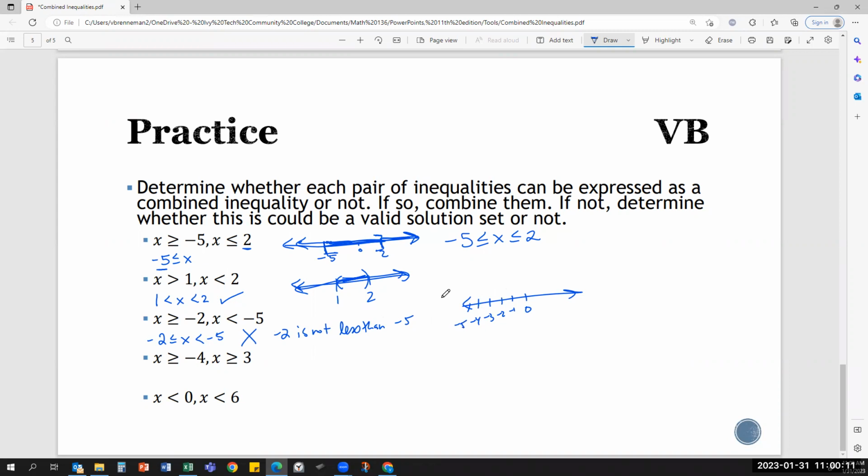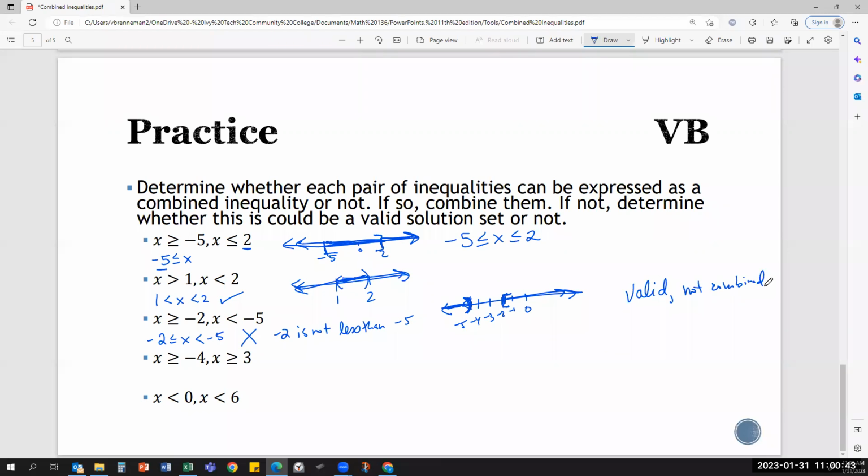So -5 is left of -2. So we would need to have greater than or equal to -2 with a square bracket pointing to the right, less than -5 pointing to the left, and there's no overlap. So these would have to stay separate. But this is a valid solution set, just not combined.